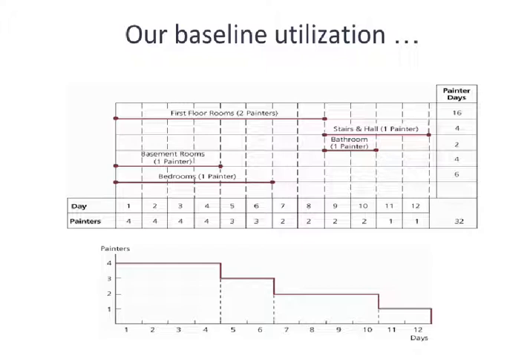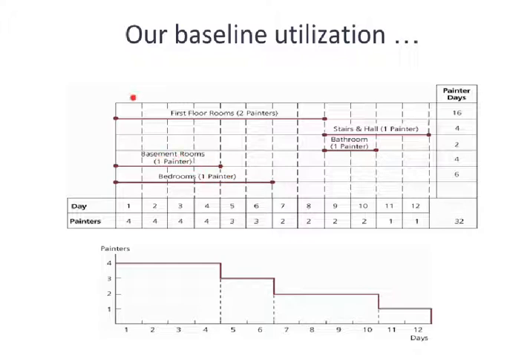And you'll notice in this diagram, we have the resource utilization demonstrated in bars. So here, the first task lasts for 8 days. Here's the days. So it lasts for 8 days, and we have 2 painters involved in that activity. We have the basement rooms at 4 days, and the bedrooms at 6 days, 1 painter on each one.